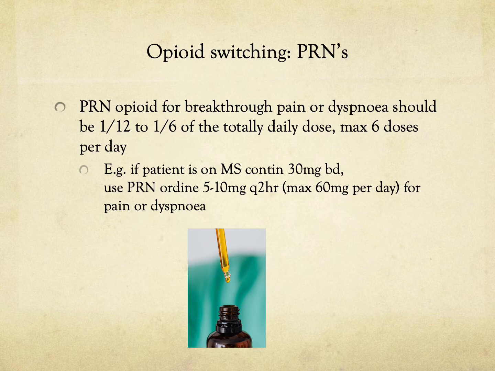In case you're not sure why we've chosen Ordine, Ordine is a common short-acting form of morphine, and MS-Contin is long-acting morphine, so you try to keep the same drug. Generally, the 5 mg dose would be used for dyspnea, and the 5 to 10 mg dose would be used for pain, and the maximum dose is 6 times the PRN dose. If the regular dose is increased, the PRN dose should also be increased, keeping that 1/12 to 1/6 ratio.